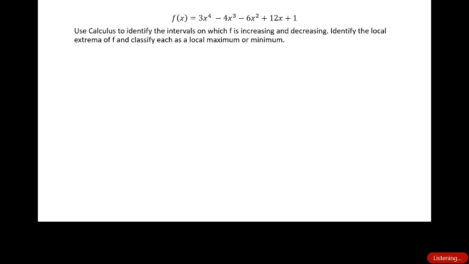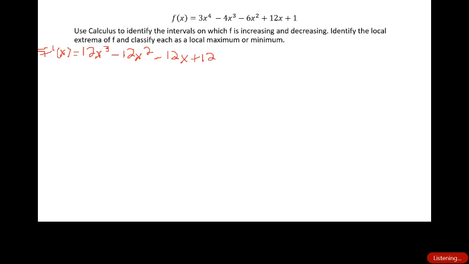So first thing I'm going to do is I'm actually going to find the first derivative. So taking the first derivative is 12x cubed minus 12x squared minus 12x plus 12.